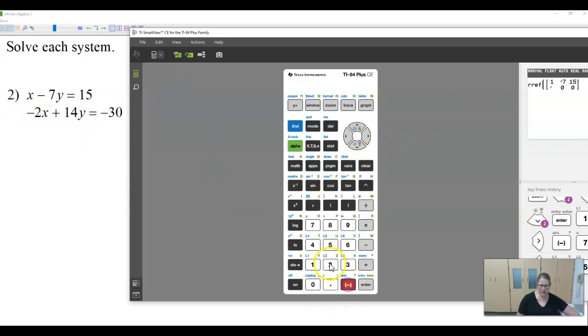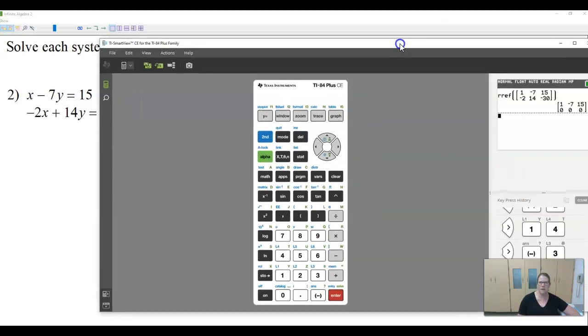So then I've got negative 2, 14, and negative 30. Again, I don't know that you need to close your parenthesis. It probably would work either way because you're not putting anything else besides one matrix in there. And then hit enter.